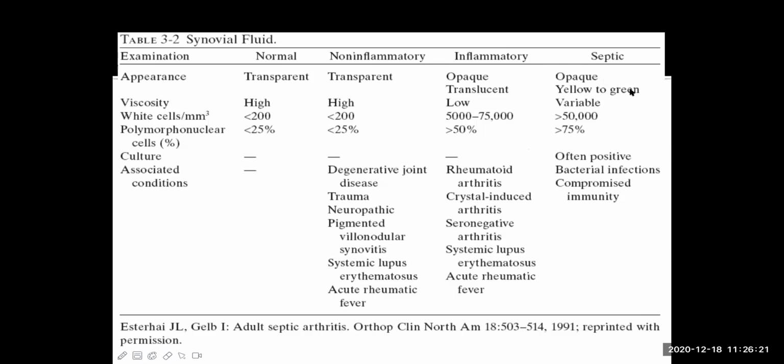So this is highly suggestive of septic arthritis. And if we do culture, it is often positive. And associated conditions are bacterial infection somewhere else in the body, or patient may have compromised immunity. So please revise this, and if a similar type of situation is given in your exam, don't mess it up.